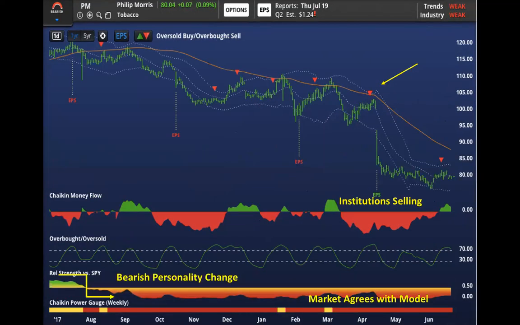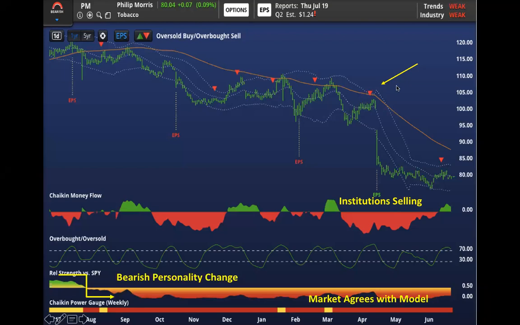Now, here's what a bearish personality change looks like. This is Philip Morris. Personality change happened at the left side of the chart back in August of 2017. And since that personality change, the stock has had a bearish power gauge rating. Remember, we read the chart from the bottom up: it has been underperforming the market, and institutions continue to sell the stock.